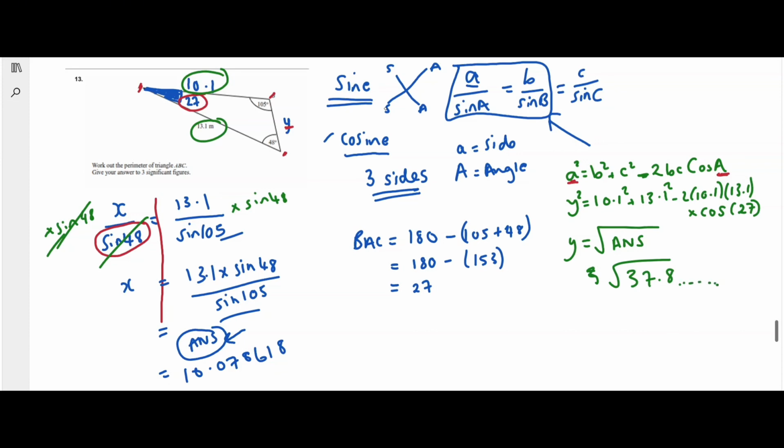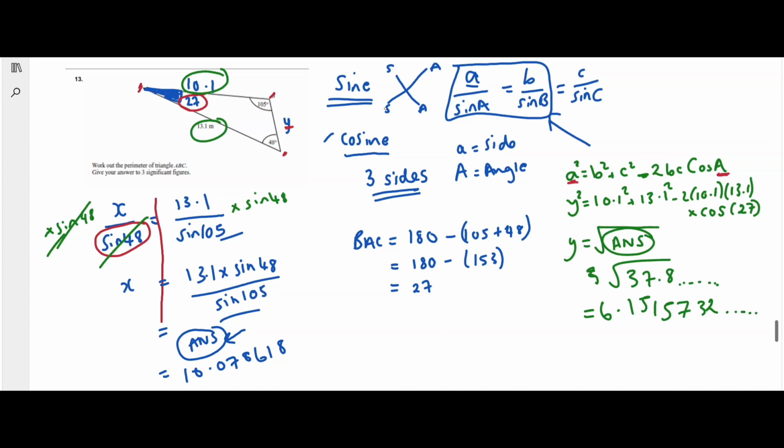That's why I would use your answer button when you're doing the square root. So I'm going to square root it, and I get 6.151573 and so on. So now I have found the answer to y.